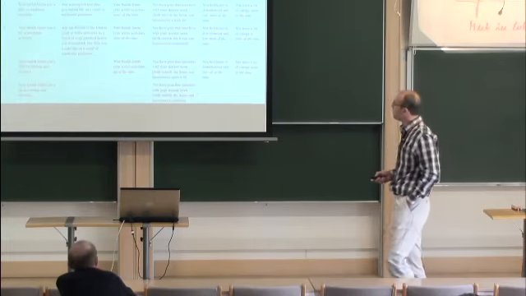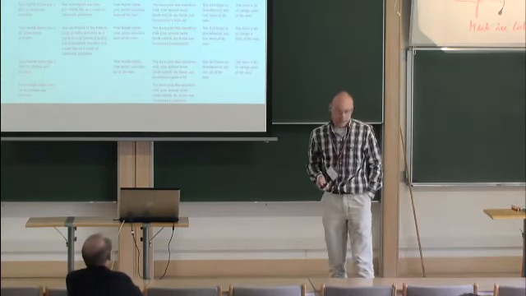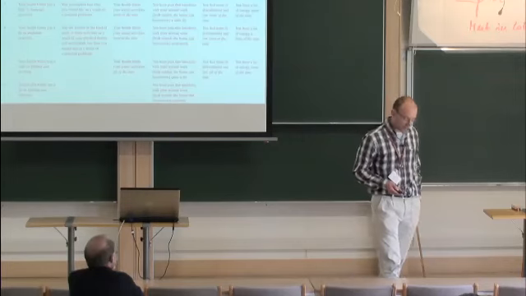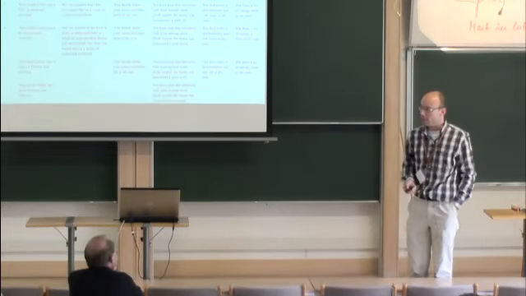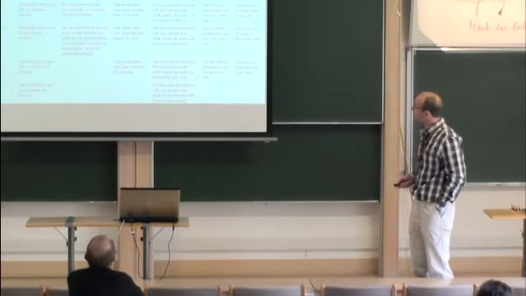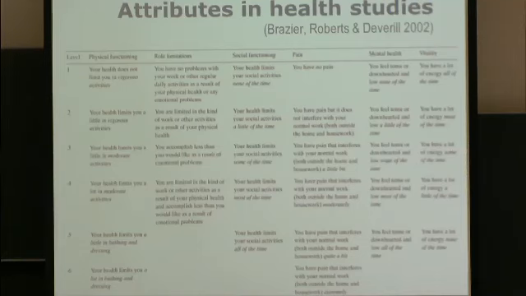And for those of you who don't believe that the cognitive burden of doing choice experiments in health can be quite big, here you can see a screenshot from a paper by Brazier et al. What you can see here are all kinds of dimensions on which our health can be evaluated, like physical functioning, role limitations, social functioning, pain, mental health, and vitality.